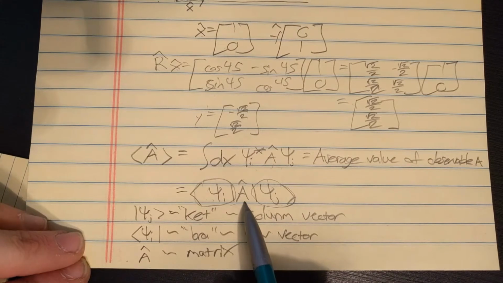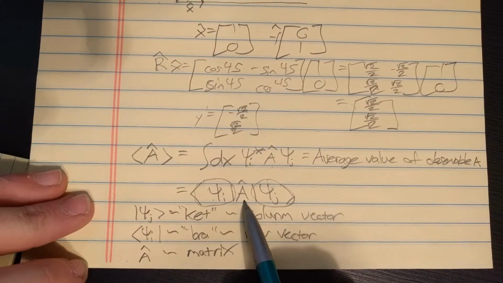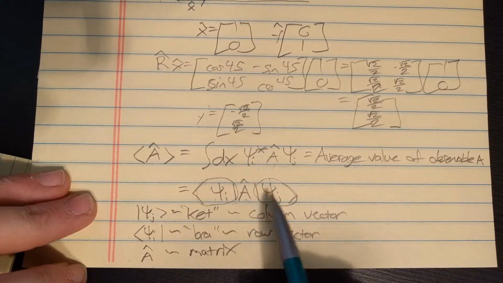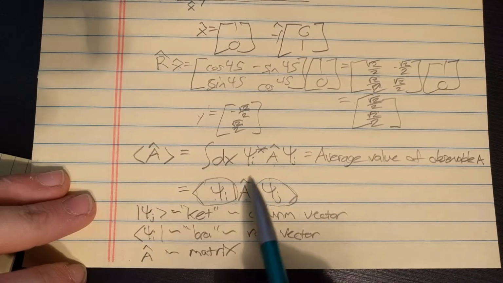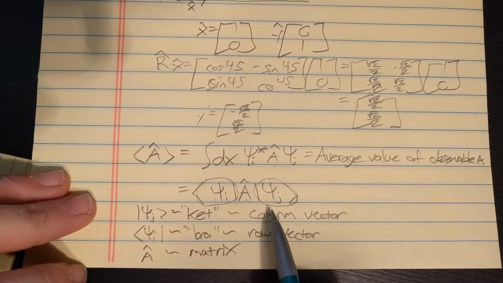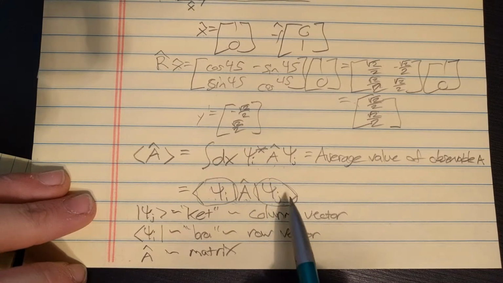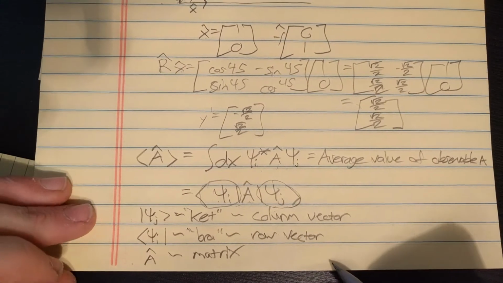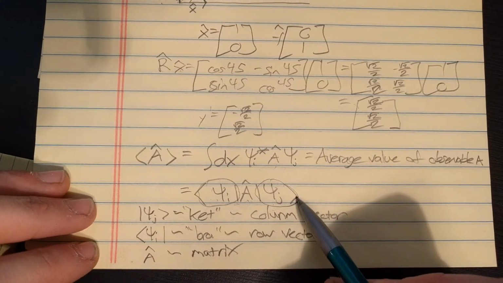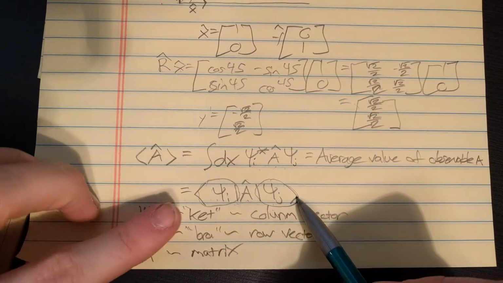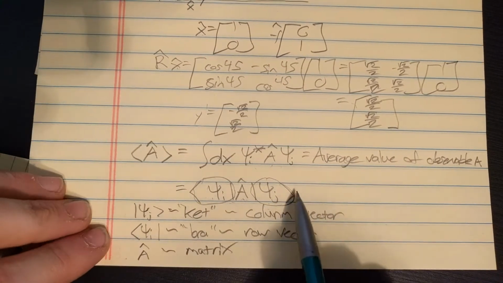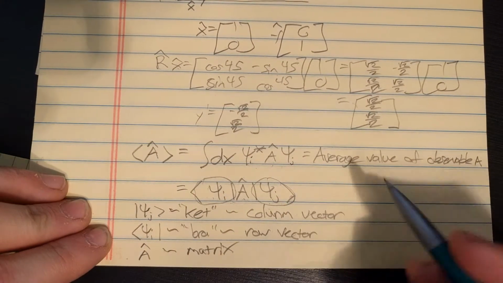So what you're doing here is you're multiplying a column vector by a matrix, which is going to give you a new column vector. And if you multiply a row vector by that column vector, you're going to get a number. So anytime you see closed brackets here, by closed brackets I mean the points point outward, that's going to give you a number.